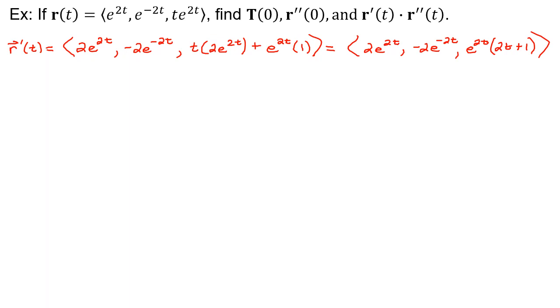And in fact, since we need the second derivative anyway, let's go ahead and find it. I would have a 4e to the 2t. I would have a positive 4e to the negative 2t. And then I have another product rule. The first one times the derivative of the second plus the second one times the derivative of the first.